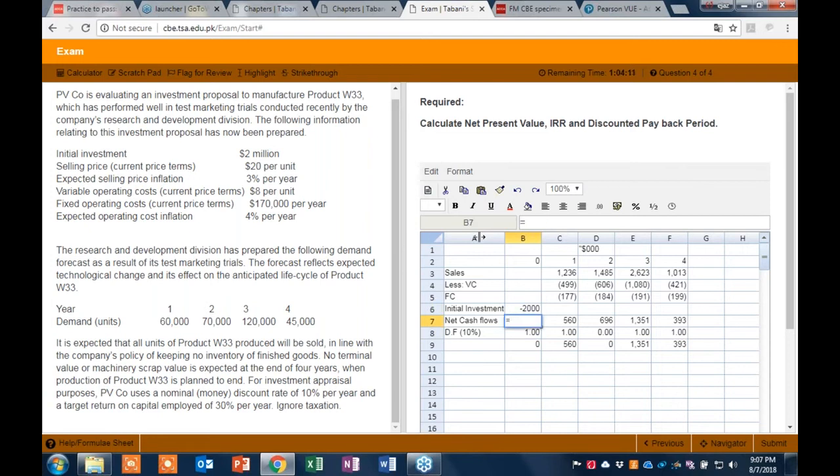So the net cash flows will be sum of all these. 2000, 1.1 raised to the power minus 0.